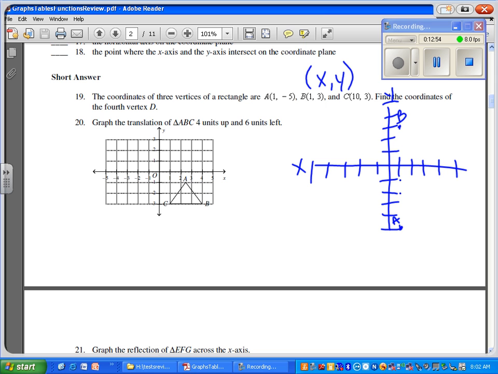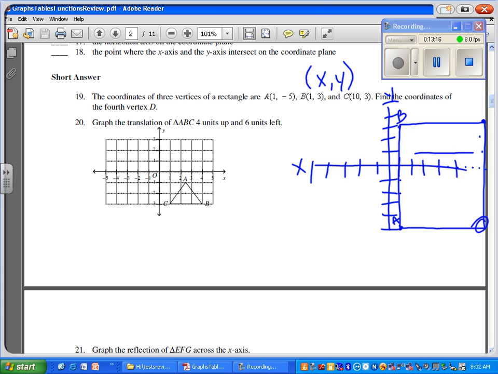C is at 10, 3. So I'm going to go 1, 2, 3, 4, 5, 6, 7, 8, 9, 10. 1, 2, 3, roughly. So it looks like a rectangle. I'm going to go up here and go over here. So it looks like my other vertex is going to be over here somewhere just by drawing it. Notice I drew the picture to help me understand this.